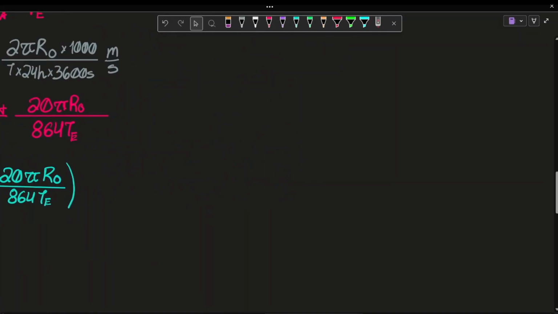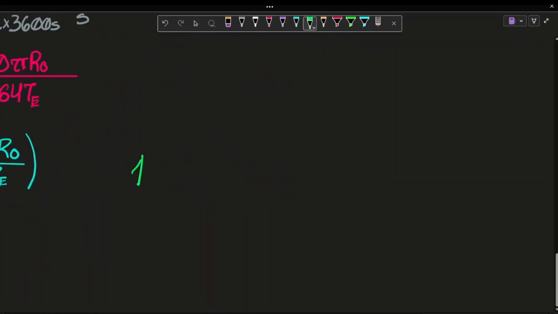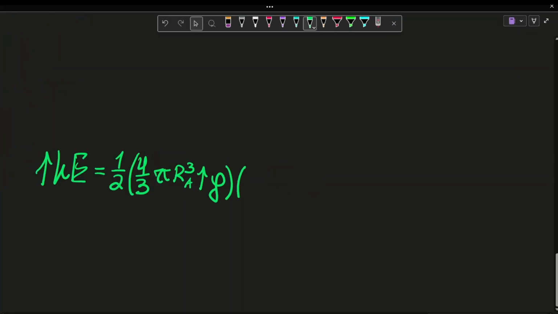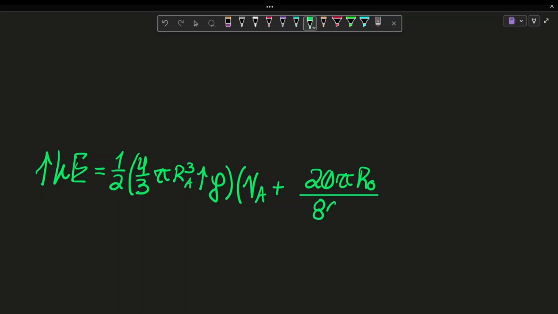And then for the green, so the maximum kinetic energy you could have is nearly the same. So 1/2 4/3 pi r asteroid cubed, the maximum density times the velocity of the asteroid plus 20 pi radius of orbit over 864 period of the Earth.